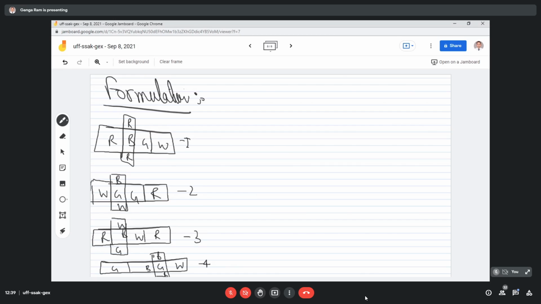The total number of faces is 6, and each face is colored by 4 colors. It means that some colors may appear more than once, but always less than 3, because we need 4.